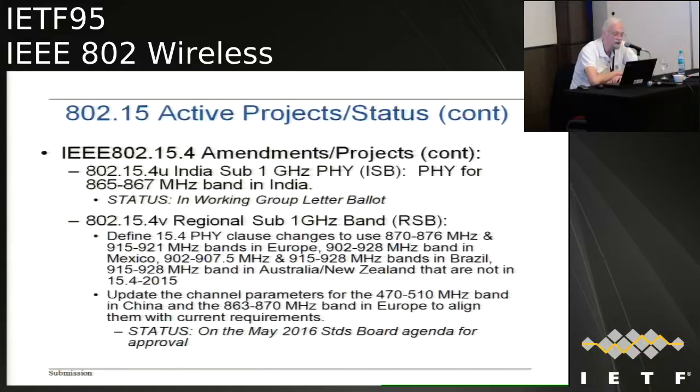And then after that, there were quite many other regional subbands that need to be updated. Here you can see it shows Europe and Mexico, and Brazil, and Australia, New Zealand. Those were not rolled up into the 15.4-2015 spec, so they'll have to wait for the next roll-up, but it's important to get these documents standardized.